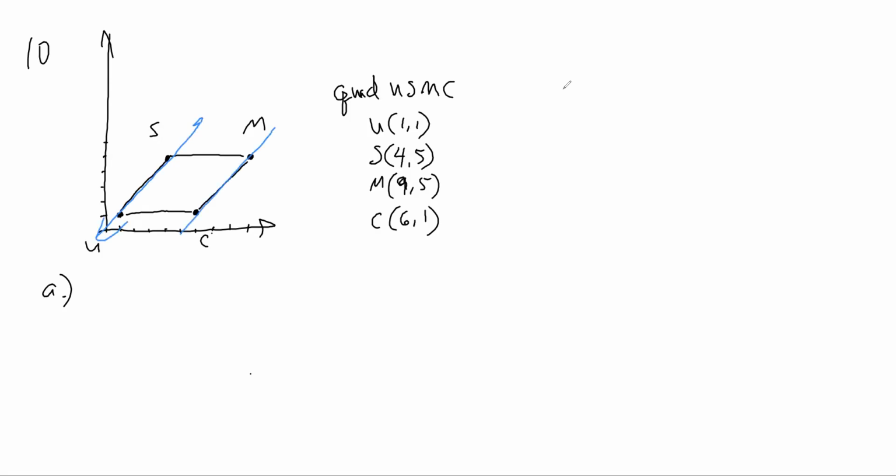If opposite sides are parallel, like this, and opposite sides this way are parallel, if that's true, then you know it is a parallelogram. And so that's what we're trying to show, is that these are parallel lines, and the way to show that would be compare the slopes. And if the slopes match, you have parallel lines.